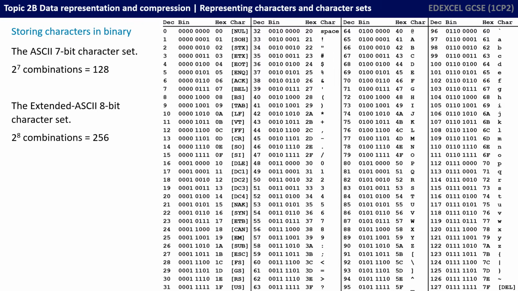This was extended to an 8-bit code called Extended ASCII, which provided for characters from some foreign languages and other useful graphical symbols. In 8 bits we have 2 to the power of 8 combinations and therefore 256 characters.